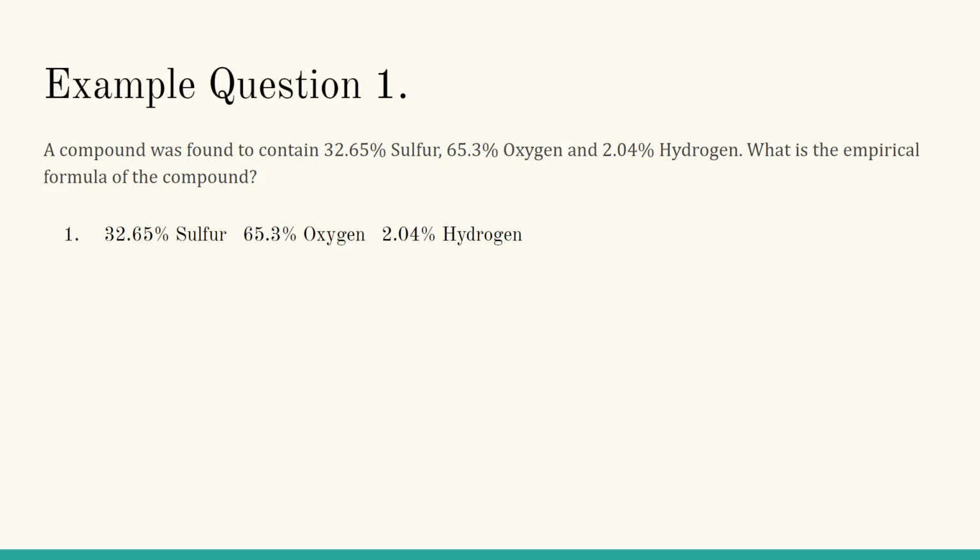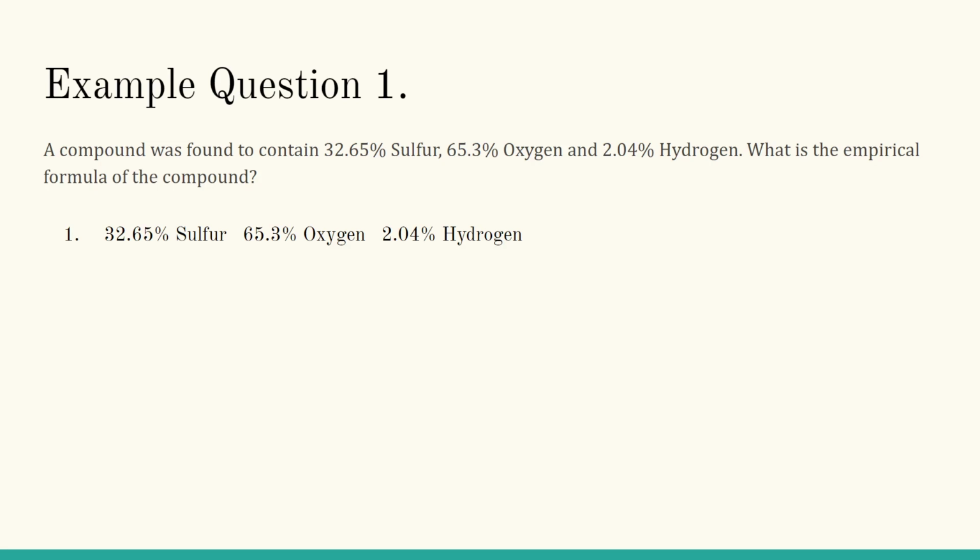We know that we have this percent, and now we're going to assume that we have 100 grams of this compound. The reason that we're going to assume 100 grams is because that's the laziest way to turn a percent into grams in this case.